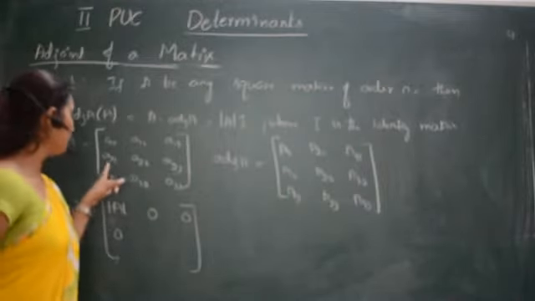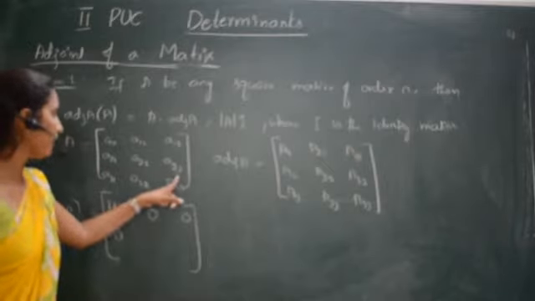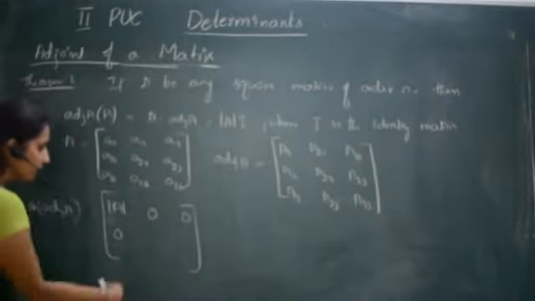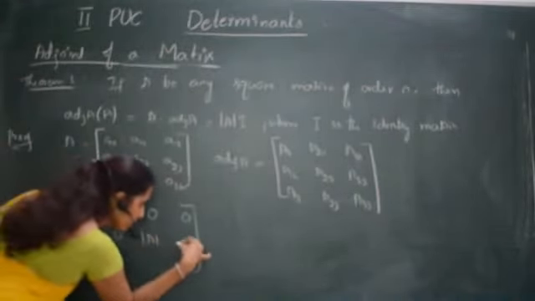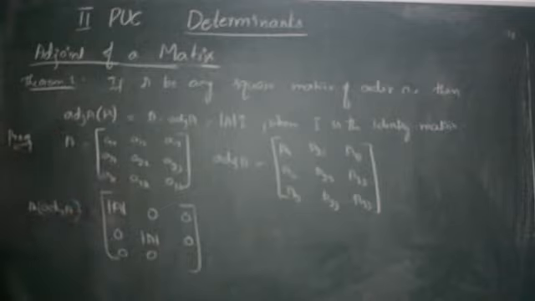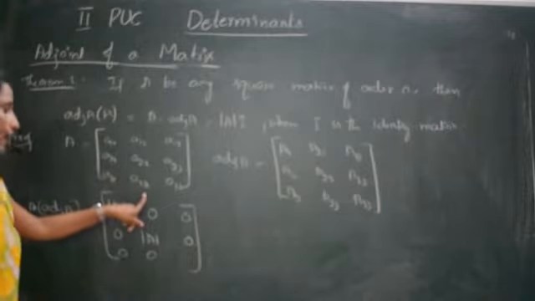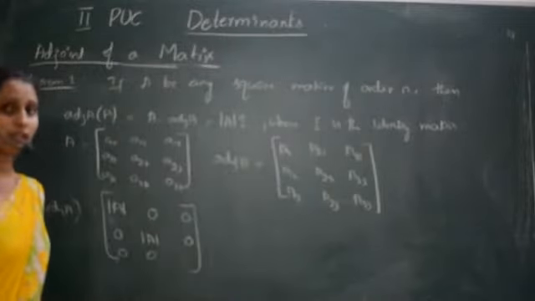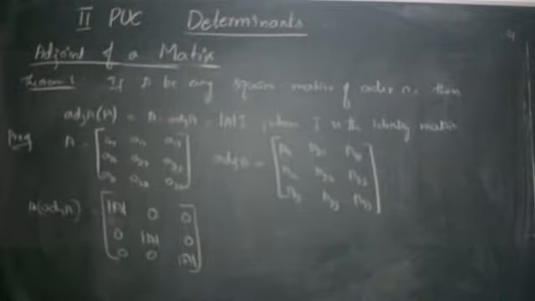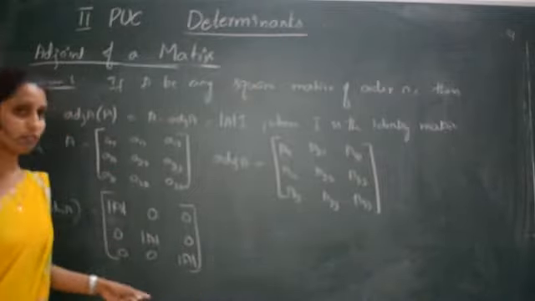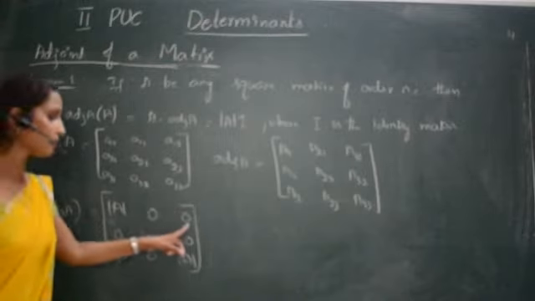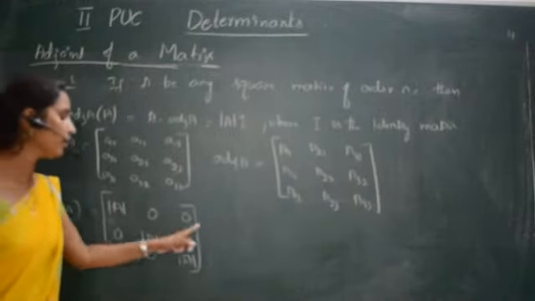Then the second row A21, A22, A23 multiplies with the cofactors of the same row, so that will be determinant of A. The next one is again 0, and the last one, the third row multiplied with the cofactors of the same row, gives determinant of A. Now this is a matrix, not a determinant, so here also I can add 0 into determinant of A, 0 into determinant of A. That means determinant of A is common.